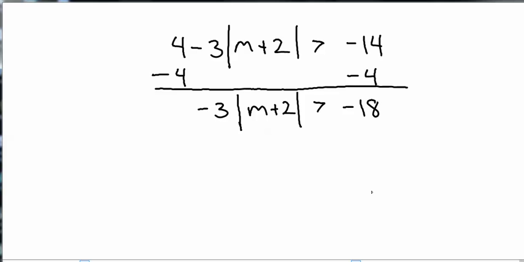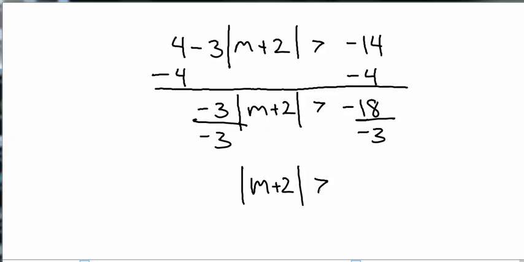Now what do you have to do? That's multiplication, isn't it? You want to get the absolute value by itself, so you want to get this 3 out of here. You want to divide each side by negative 3 now. So now you've got the absolute value of m plus 2 is greater than, what's that, 6? You divided both sides by a negative, right?